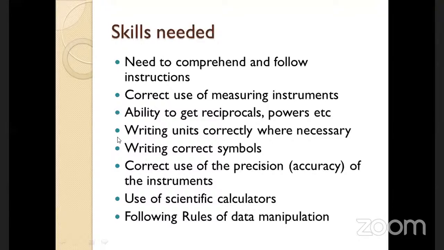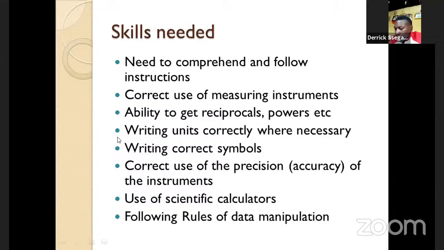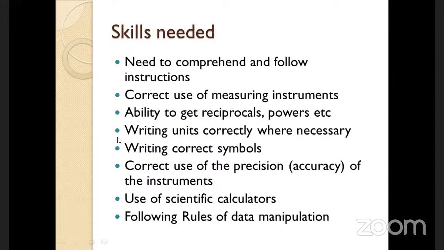You find the units will cancel out. The units will cancel out. Then at the end, you end up having a quantity without a unit. So correct symbols, this is very, very important.